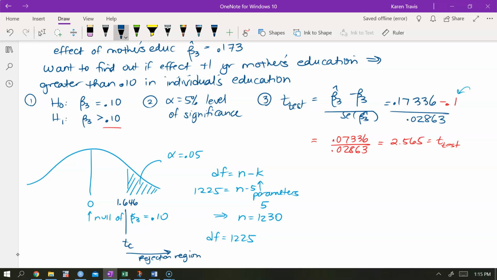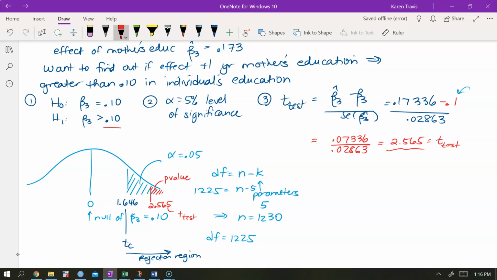That's where I then determine where my t-test ended up. So my t-test was this 2.565. And if I were interested in using the p-value for this, I would need to find out the size of this tail to the right of 2.565.